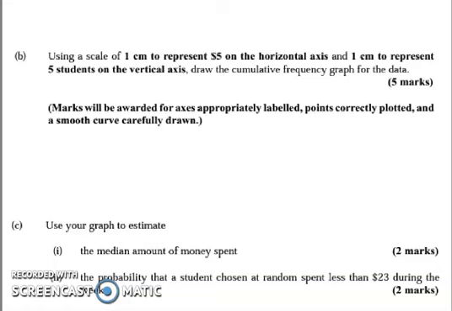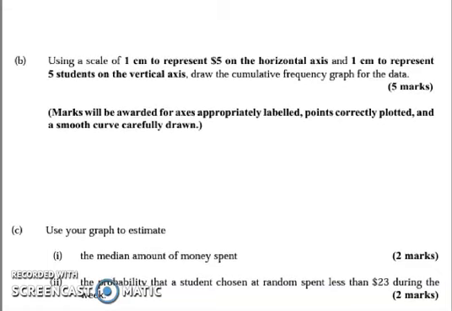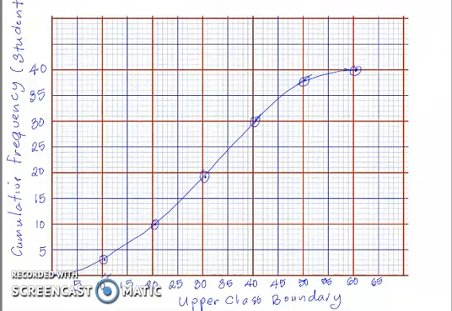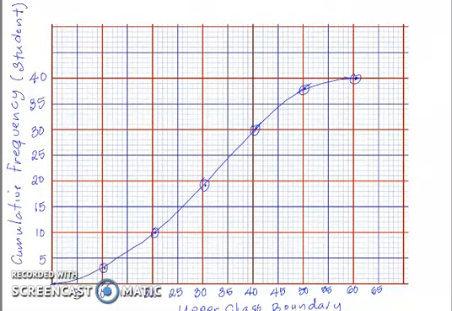All right, so two things. We want to determine the median, and we want to determine the probability that a student chosen at random spent less than $23 during the week.